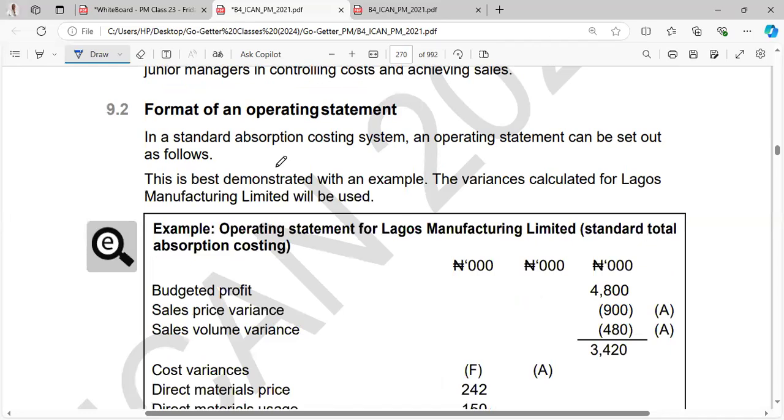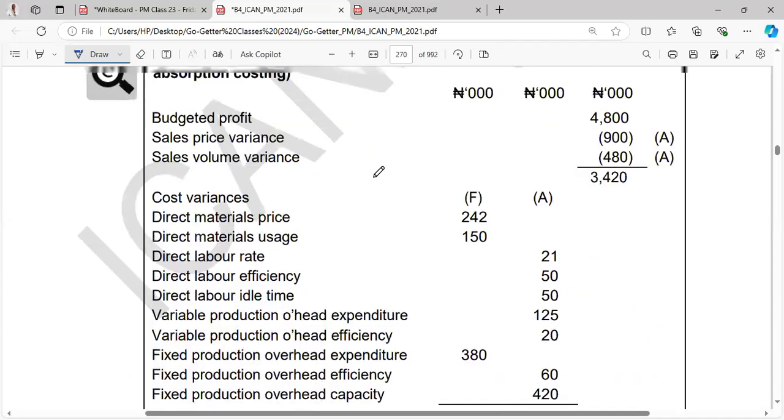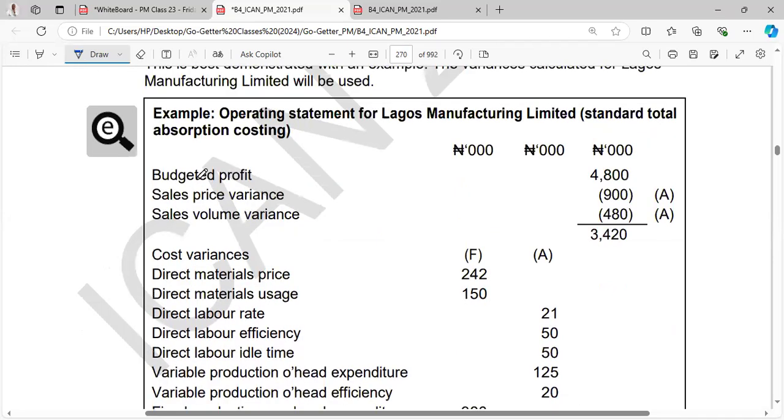Now look at the format for an operating statement. So we will look at the management statement. We start with budgeted profit because that's what we did first. Standard profit. So we always start with standard profit, and it will make us derive the actual profit. So now let's start. Your budgeted profit is first brought, profit as per budget. After that, the next thing to do is your sales variances first.